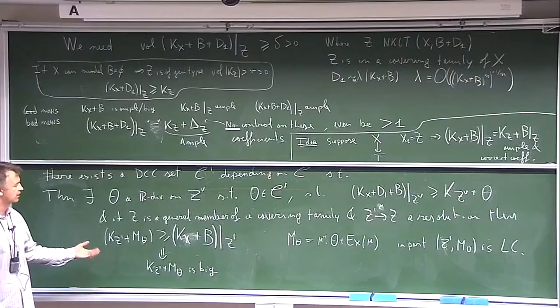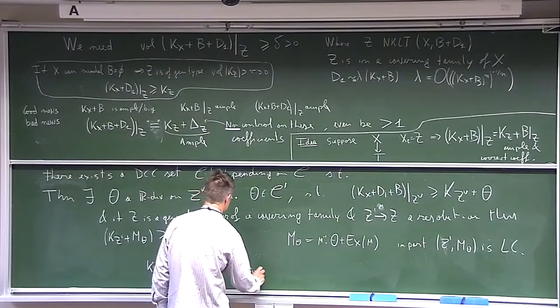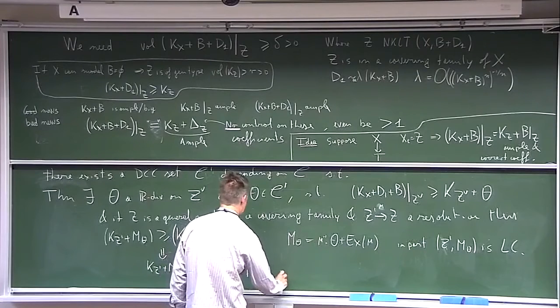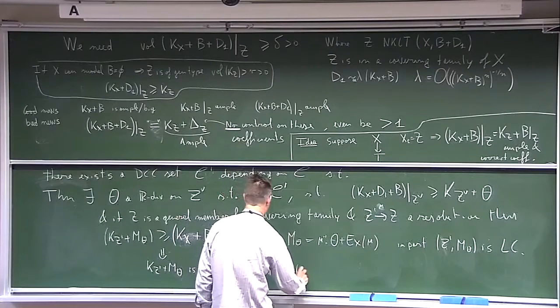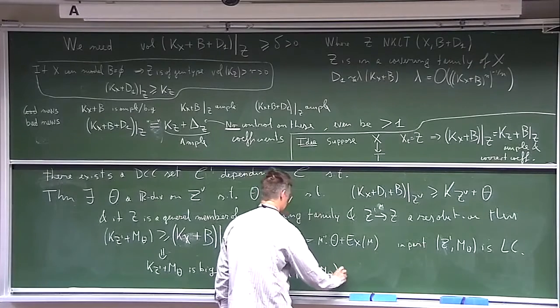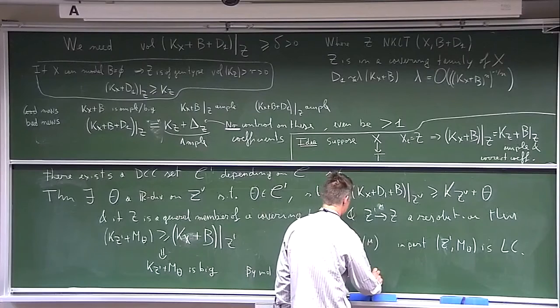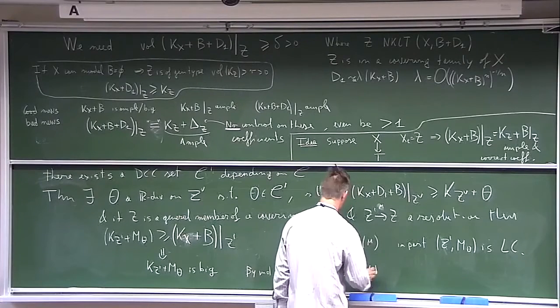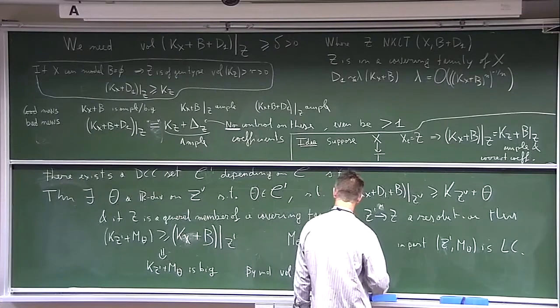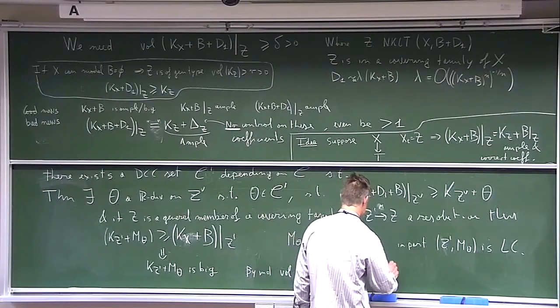So by induction on the dimension, the volume of this guy, K_{Z'} + M_θ, will be bounded from below by a constant that now depends on the dimension D of Z and on this new coefficient set C prime.